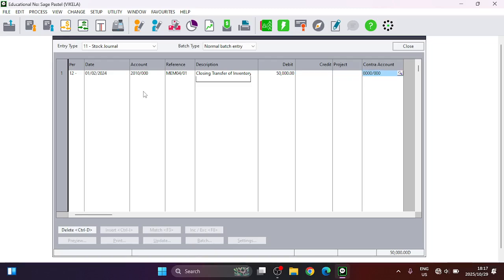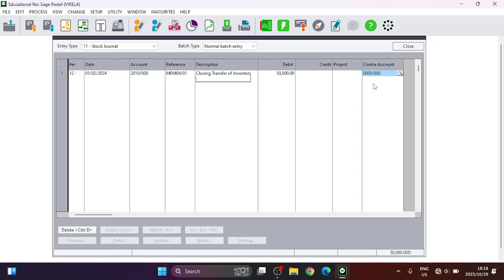We now go and find the contra account, which means that because this opening stock is being debited, as you see it's in the debit column, the contra account will become the credit account. So now, remember, as I mentioned earlier, trading inventory, or trading stock as it was previously known, is a current asset.